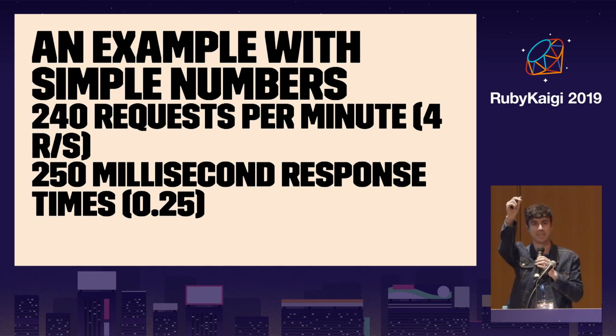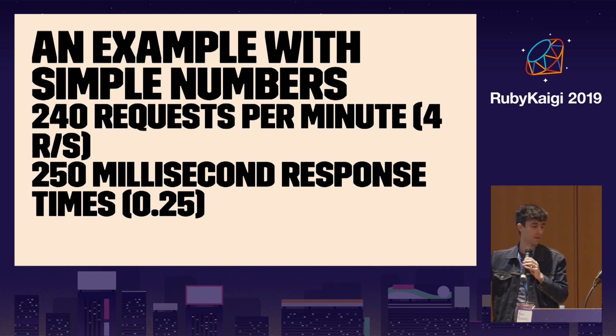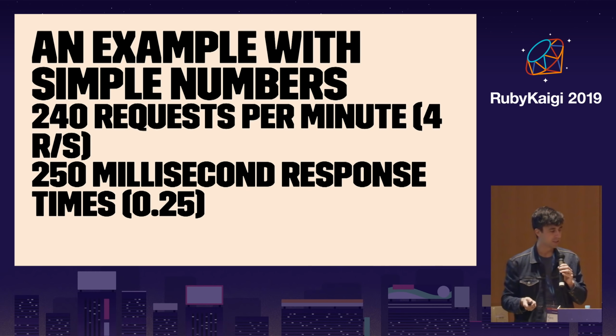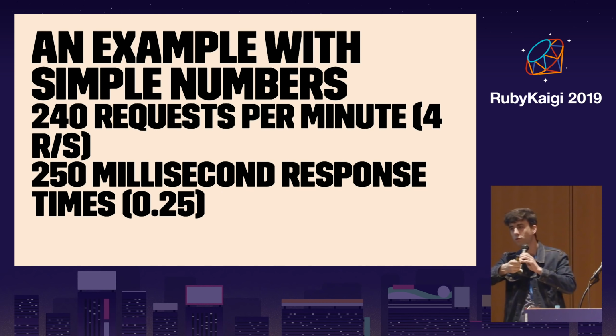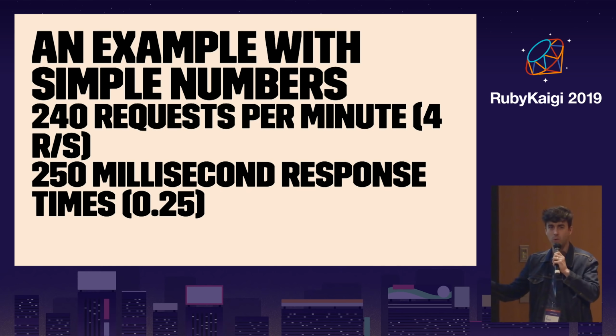We need to multiply seconds by seconds here. So 4 requests per second, 0.25 second average response time means that we have 1 request being processed at any given time. So if you cracked open this theoretical application's servers and asked how many requests are being served right now, the answer is, on average, 1.